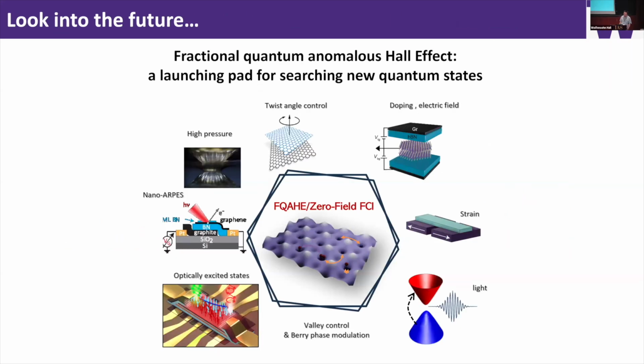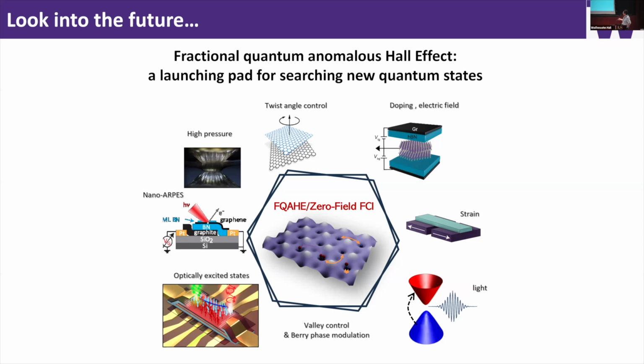However, I would argue that there is a lot of opportunity provided to us. Hopefully I already showed you today that you have these unique twist angle controls, and for twisted 2D materials we have simple knobs like doping and electric field we can control. In the lab, we also develop many other knobs, such as strain.